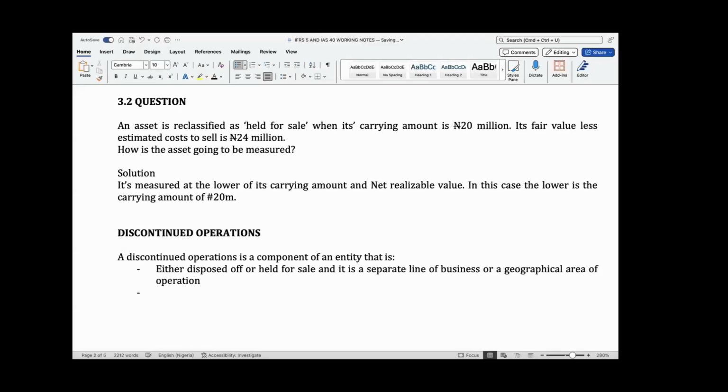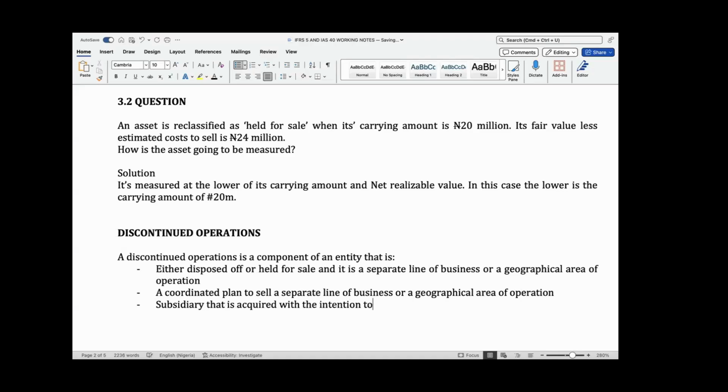So, or we can say that it is a coordinated plan to sell a separate line of business or a geographical area of operation, or it can be a subsidiary that is acquired with the intention to resell.